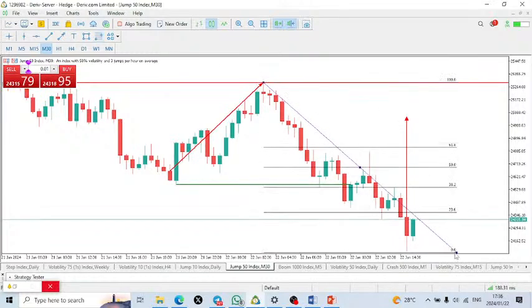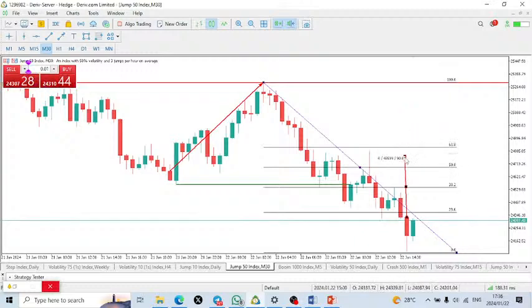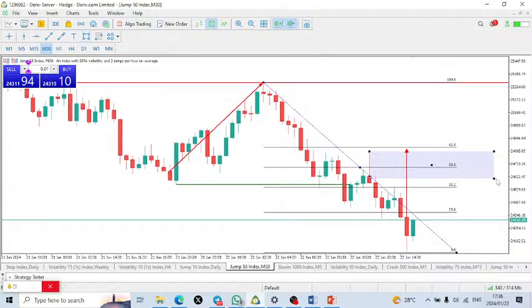Okay, let me just do this. Around this rejection block here, I normally want to use the 61 and the 50. Around this area, if price is able to move and come to this level, 61 here, look for selling opportunities at that particular level. So your focus will be on this rejection block here.